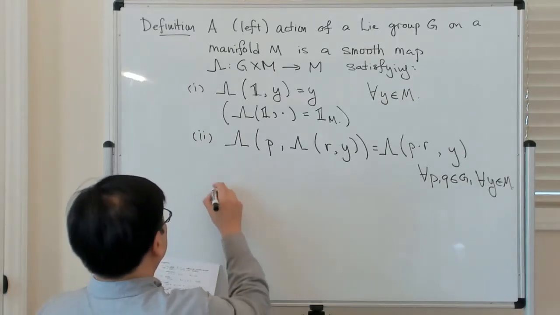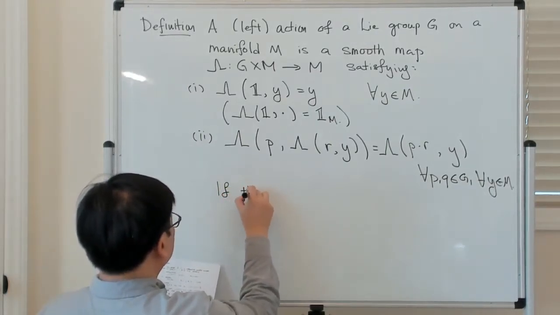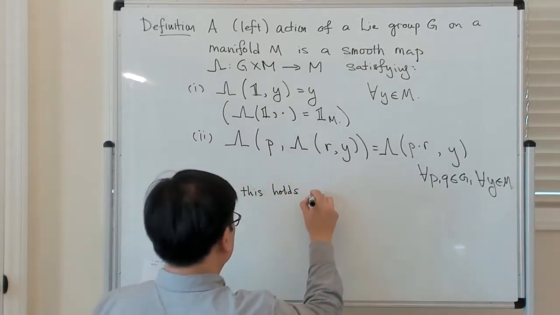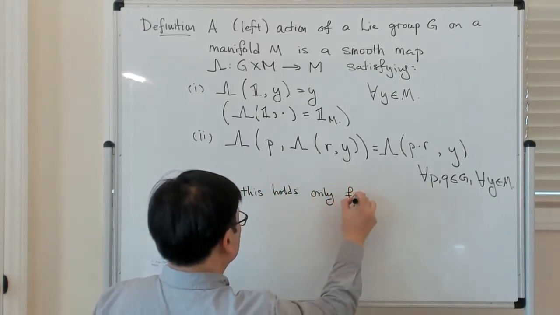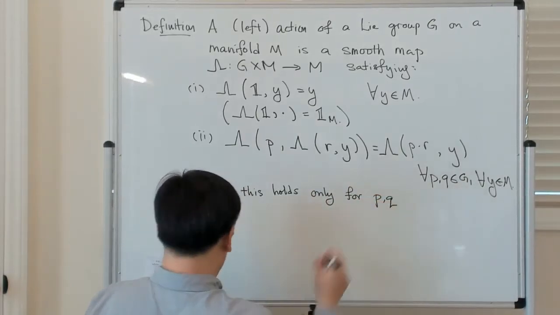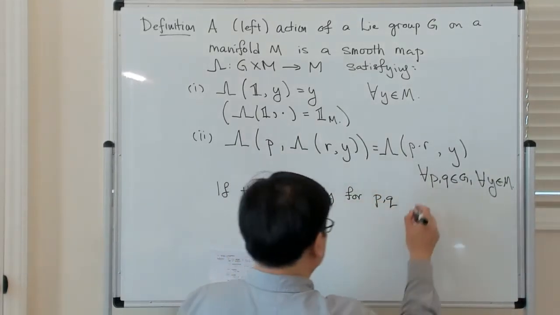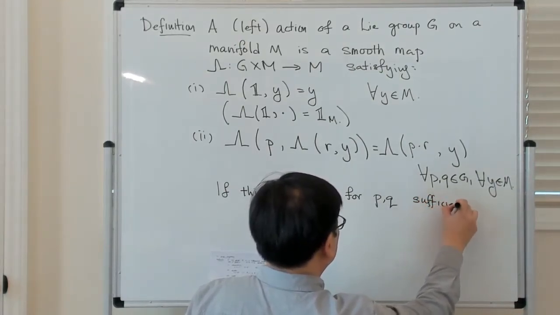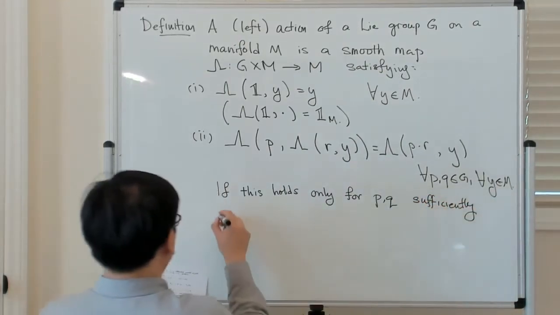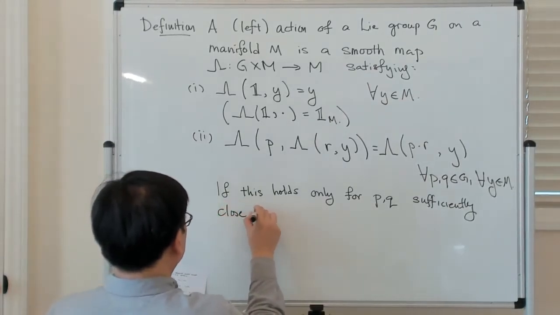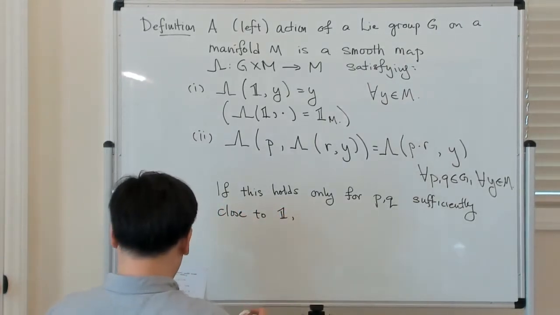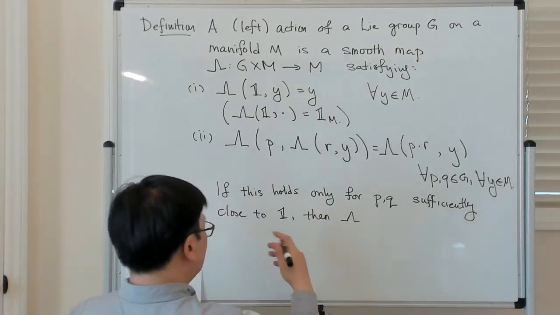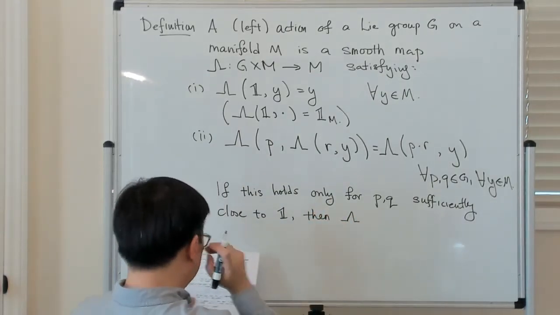So if this holds only for P and Q sufficiently close to the identity, then we say that lambda is not a group action, but it's a local action.